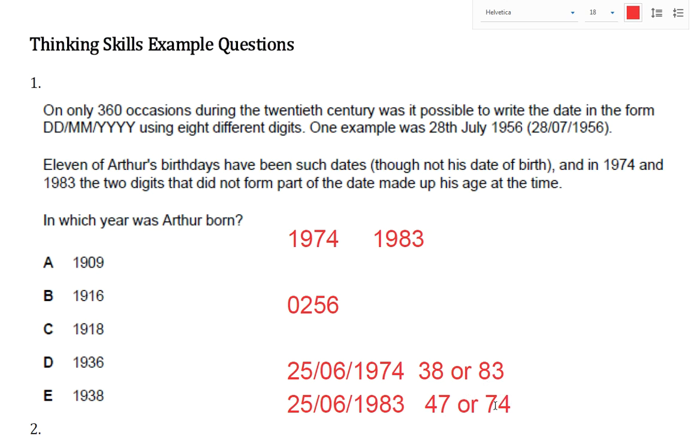And it can't be, say, 38 and 74 because the gap needs to be 9 years, right? So in 1974, he would have been 38, and in 1983, he would have been 47. So if you subtract 38 from 1974, you get 1936. If you subtract 47 from 1983, you get 1936.